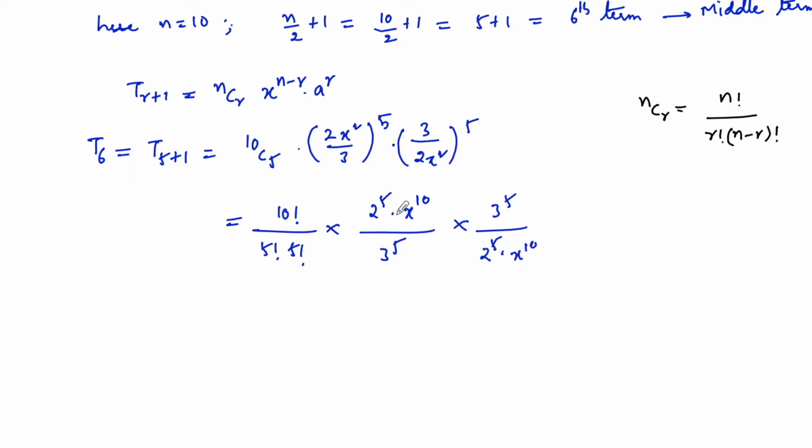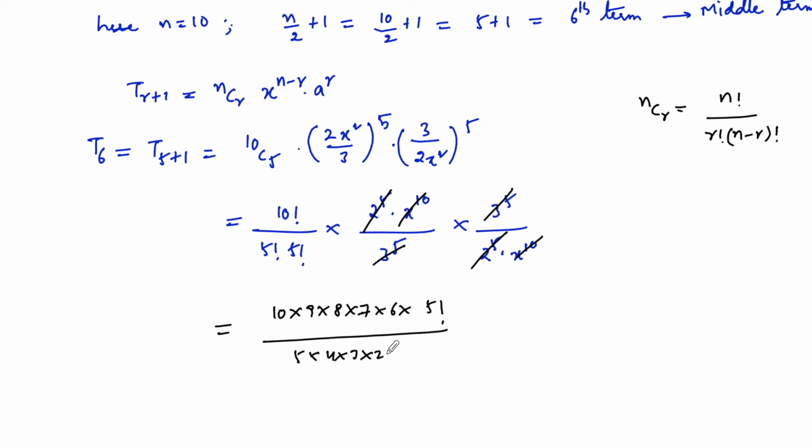So we can cancel the terms 2^5 and 3^5 here and x^10. So we have finally 10 factorial by 5 factorial into 5 factorial. Let us simplify this: 10 into 9 into 8 into 7 into 6 into 5 factorial divided by 5 into 4 into 3 into 2 into 1 into 5 factorial.